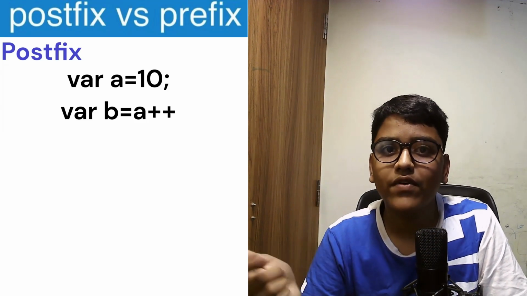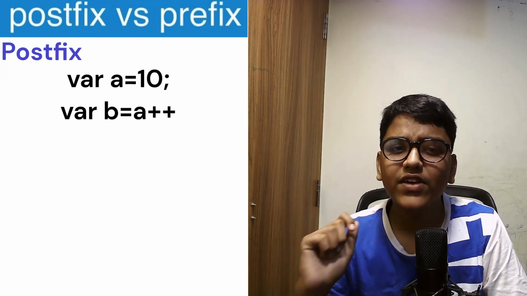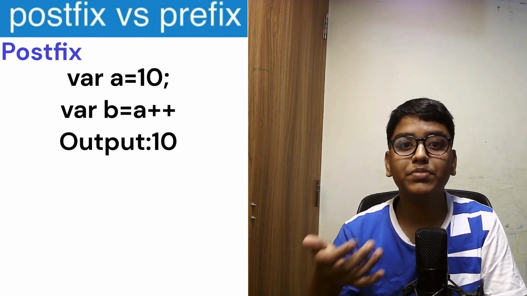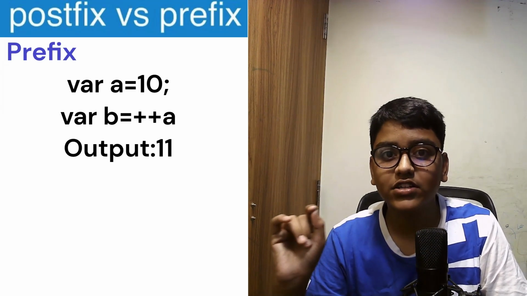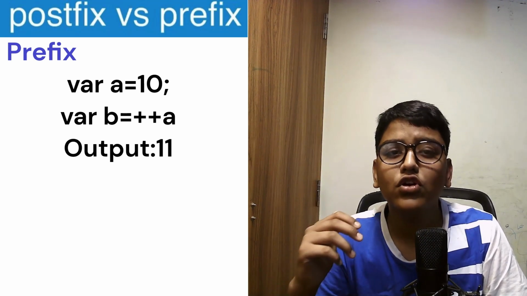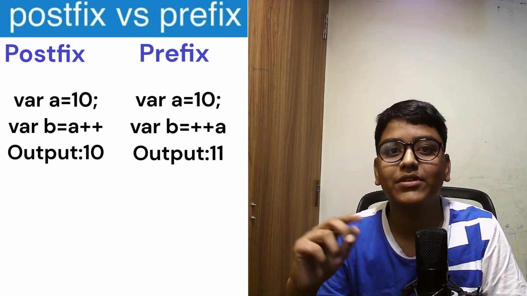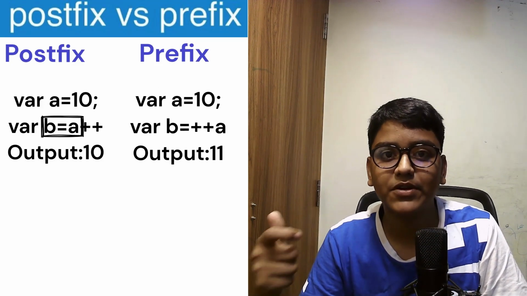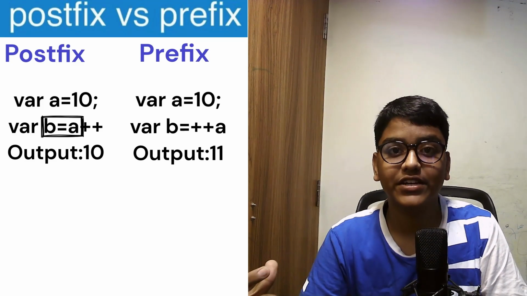So friends, when we are compiling this code, we are not getting 11, we are getting 10 only. But when we use the prefix incrementation operator in the same condition, we will get 11. So now friends, the difference between these two is, in postfix, first the expression is performed, means whatever expression you have provided will be performed, then the value will be incremented.